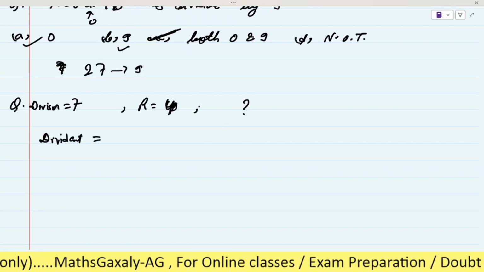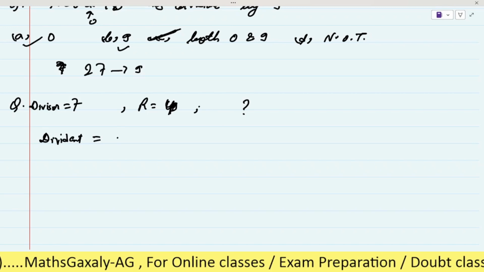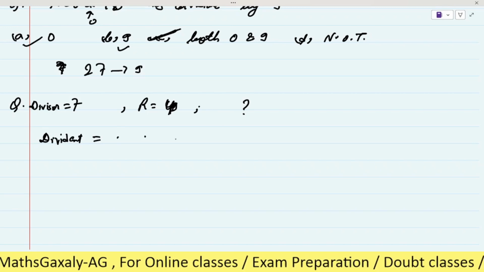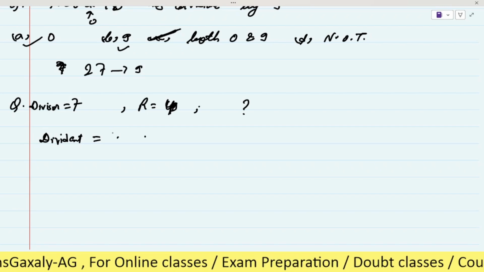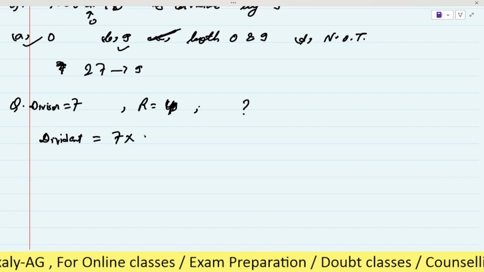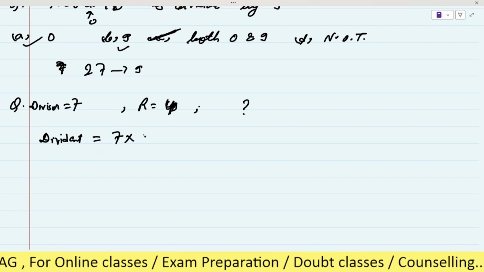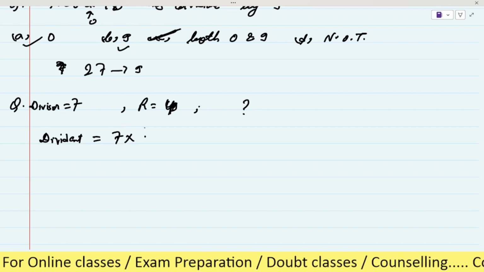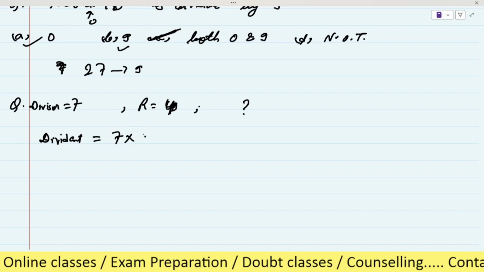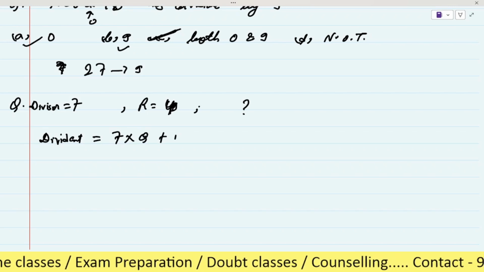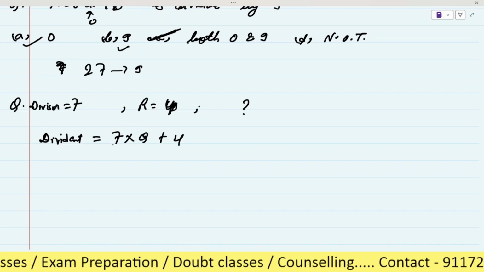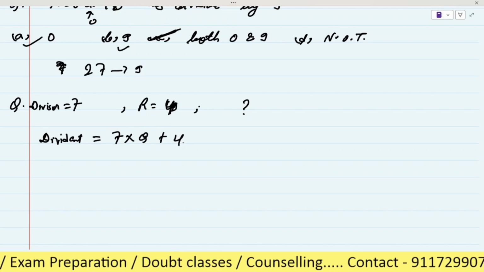Dividend is the divisor multiplied by quotient plus remainder, right? Divisor is 7 multiplied by quotient. Let it be q, k, anything. So 7 times q plus 4.